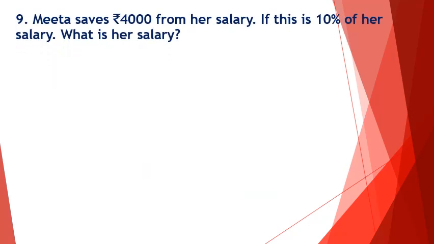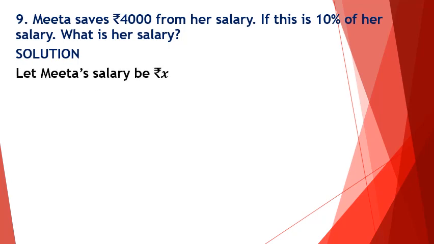Next question. Meeta saves rupees 4,000 from her salary. If this is 10 percentage of her salary, what is her salary? We don't know her salary. So as usual, we can assume her salary as rupees X. And we know the savings. Her savings equal to rupees 4,000.